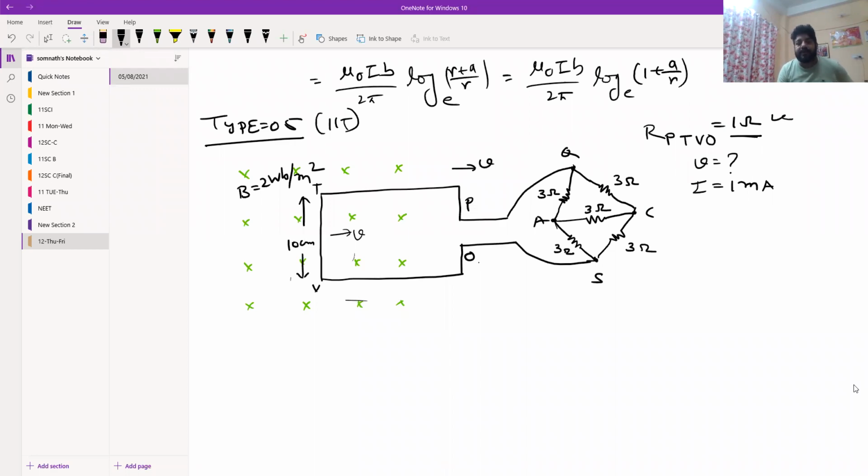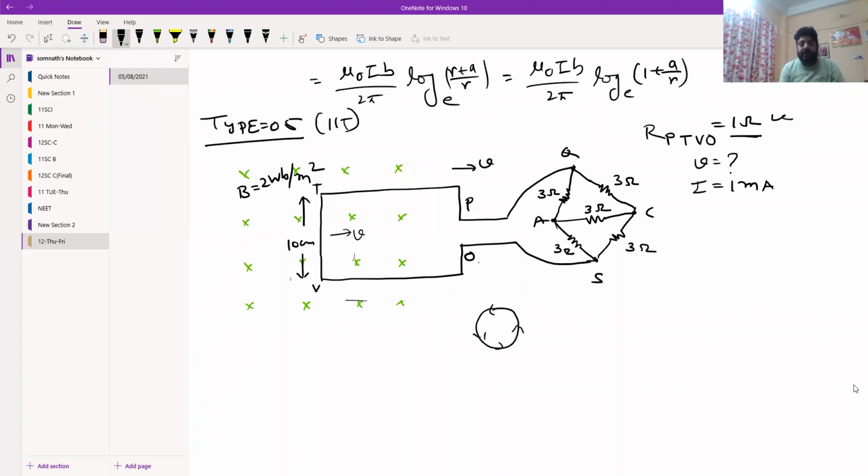As my flux is decreasing, according to Lenz's law, the induced EMF will try to increase it by inducing a current. So the current will be produced such that its field is in the direction of the original magnetic field, which is cross, so the current produced in this loop gives a dot.